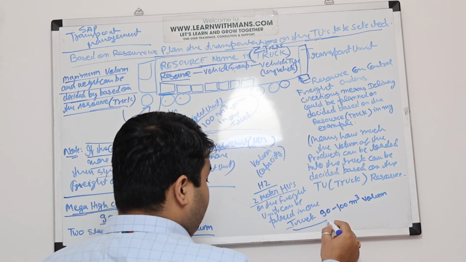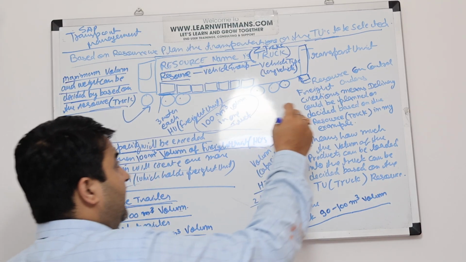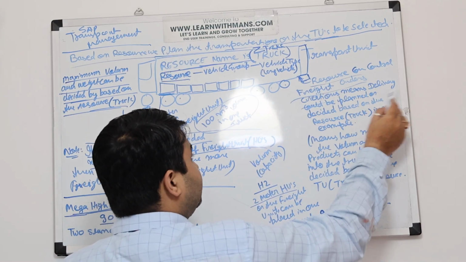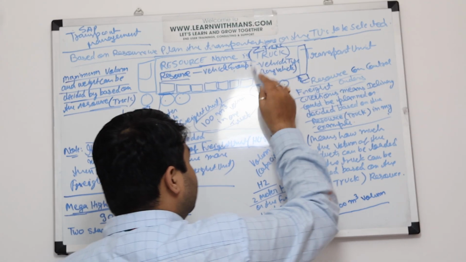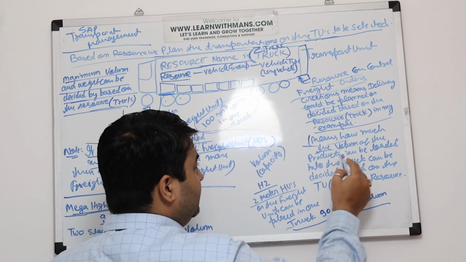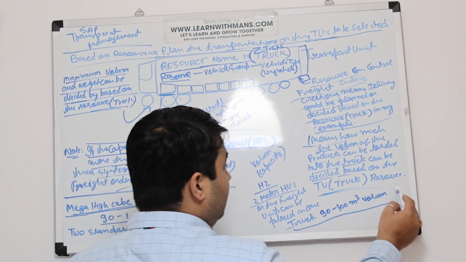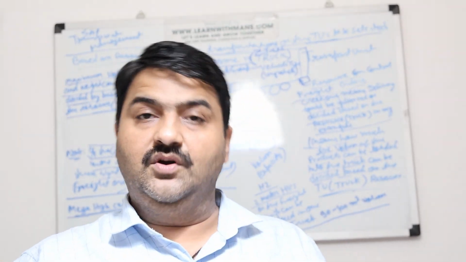So the truck can hold 90 to 100 cubic meters of volume. Now come to the next point. Resource can control freight order creation, meaning delivery can be planned and decided based on the resource. How much volume of the product can be loaded into the truck is decided based on the truck, the resource.